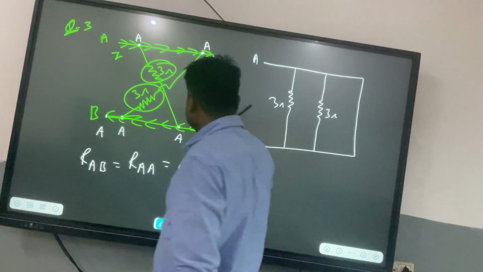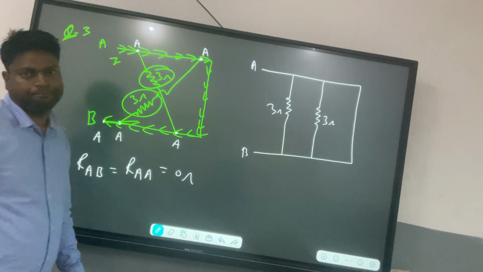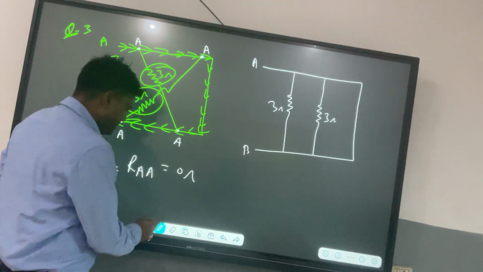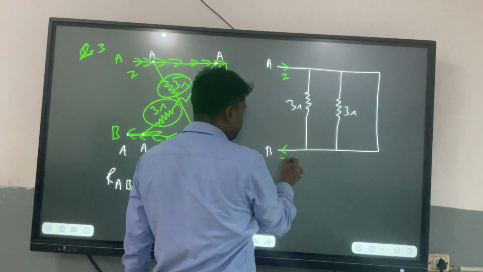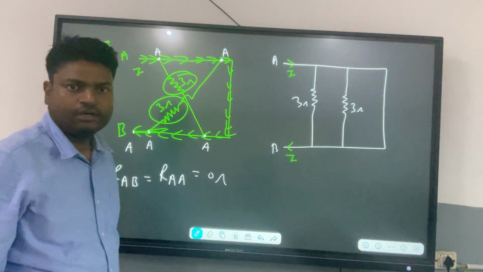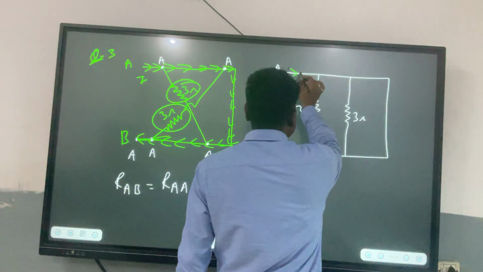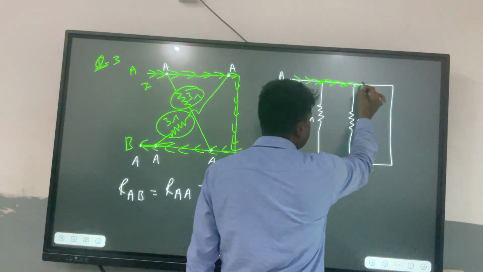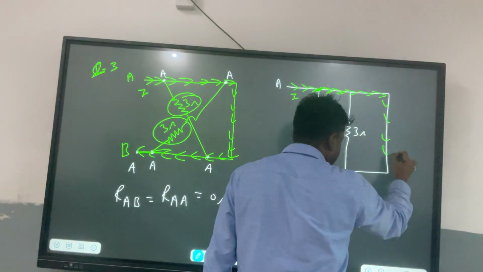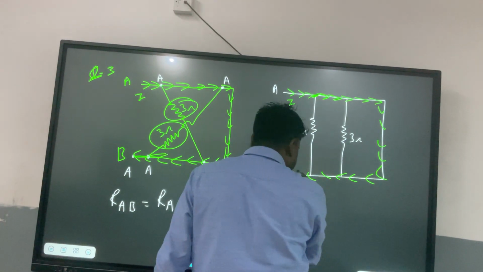Now you can say this circuit and this circuit both are the same, but in this circuit you can directly visualize that whatever current is entering, the same current should be out. Now what will happen when this current is going from this? It always gets the least resistance, a direct short circuit path.